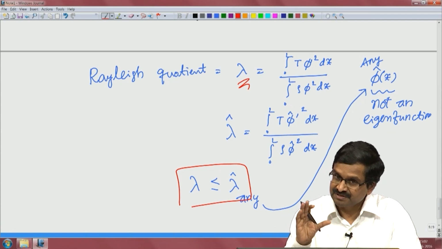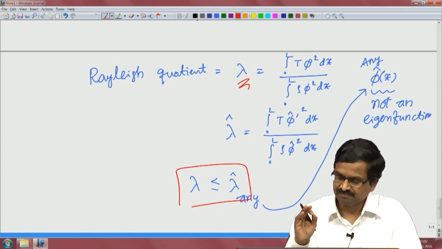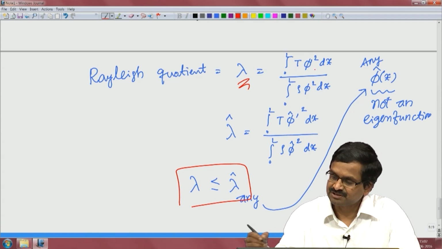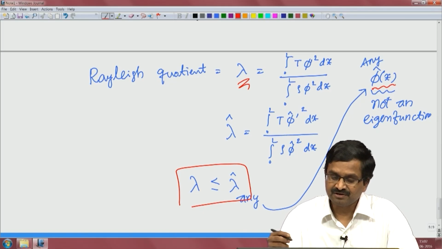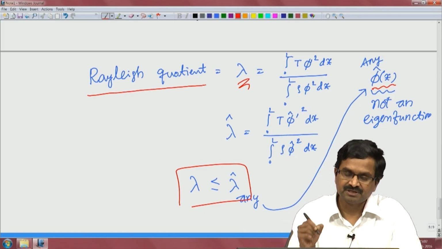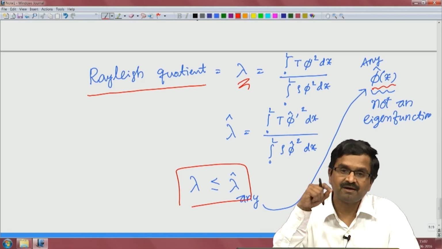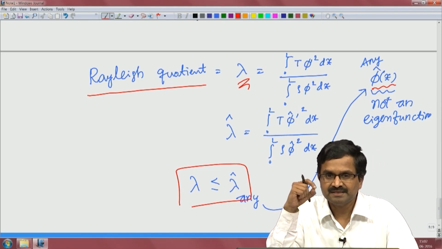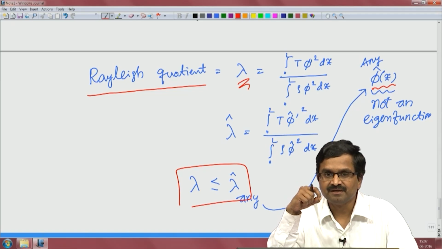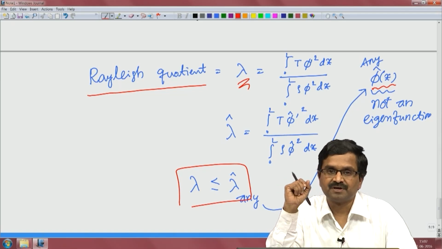If you are in the vicinity of a particular eigenvalue, no matter what function you take for phi, the one that you evaluate using this Rayleigh quotient is going to be larger than the real value there. In other words, the Rayleigh quotient is minimum in the vicinity of that eigenfunction.